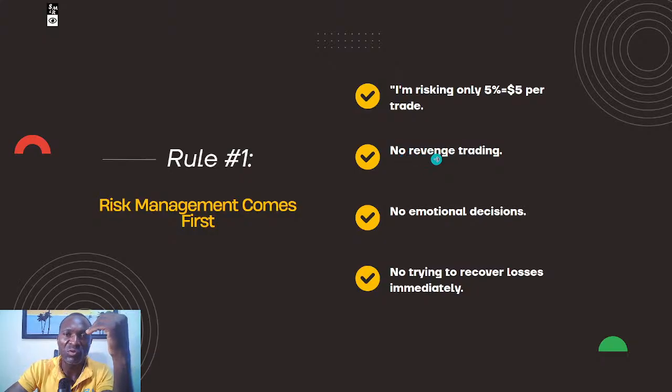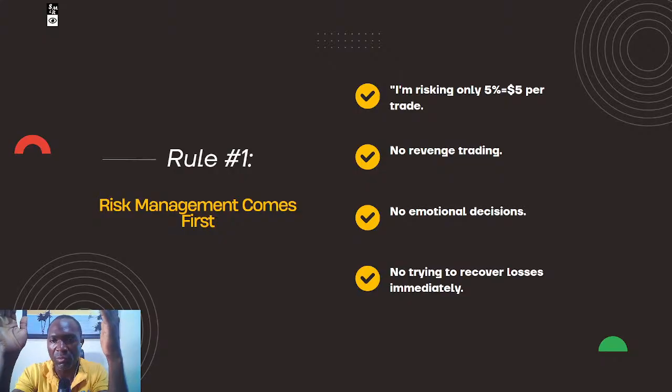Two, there will not be anything that has to do with revenge trading. For instance, if you lose a trade, we'll stop as long as we've lost this $5 for that day. We are going to look at our emotional decision. Naturally, the way we trade in 3D FS Academy, we are going to bring out our key levels, where we'll buy and where we'll sell.